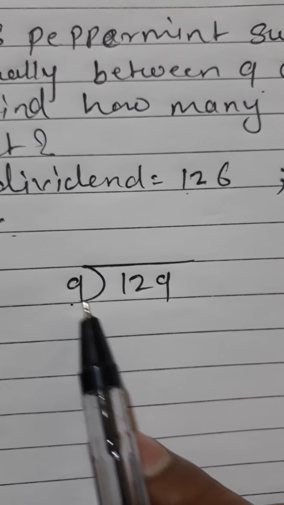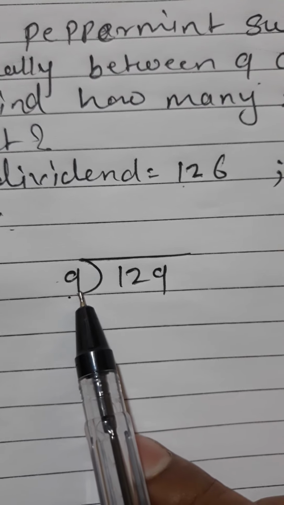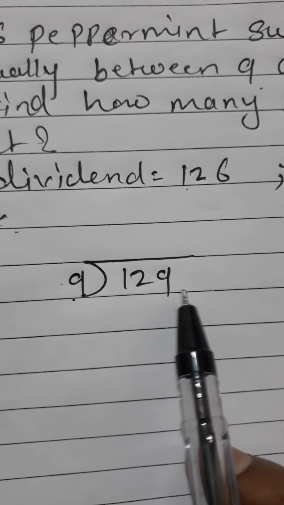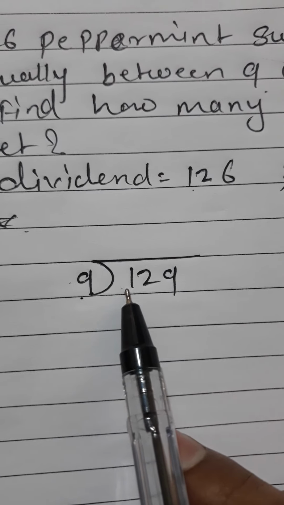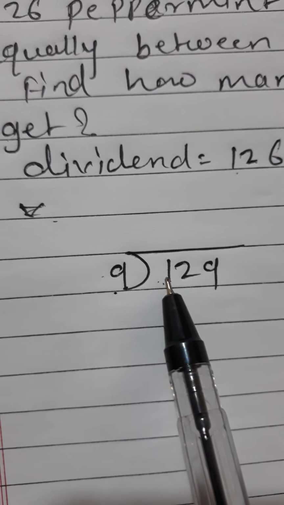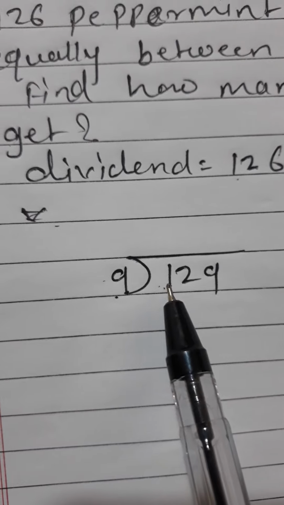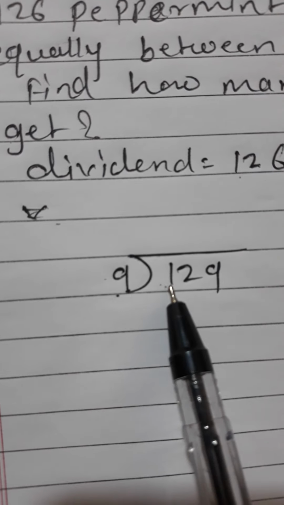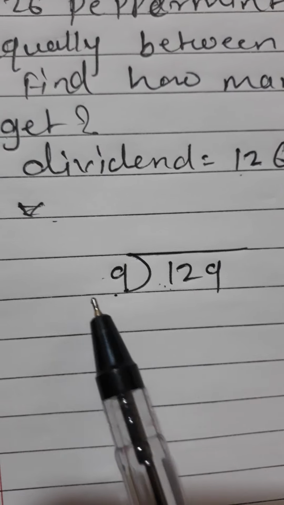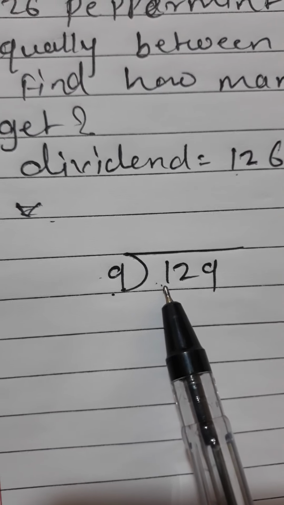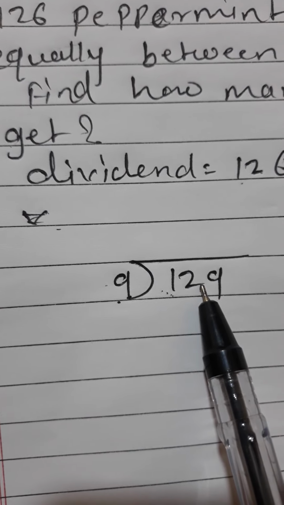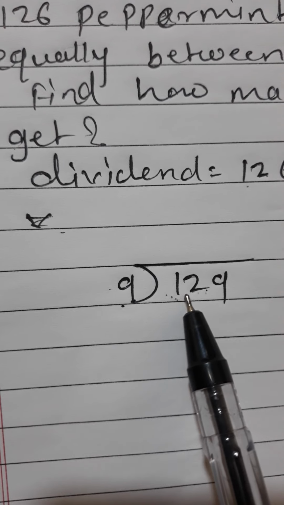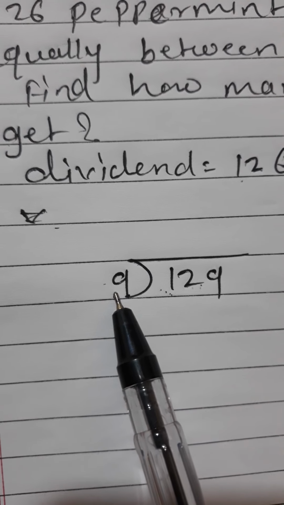Now look here, 9 is the divisor. First we always start division from the left side. So one number is here. Now 1 is less than 9, so we cannot take a single 1. So what do we have to take? 12. Is 12 there in the 9 table?